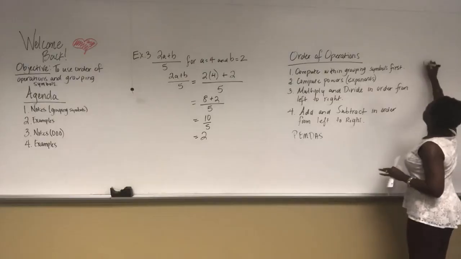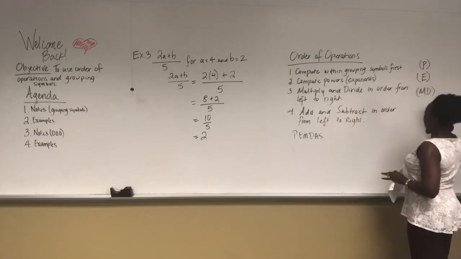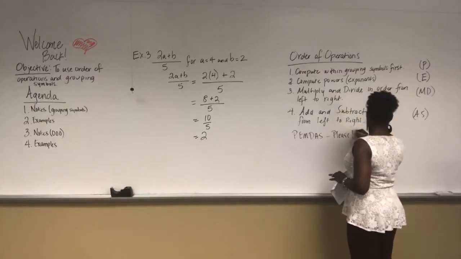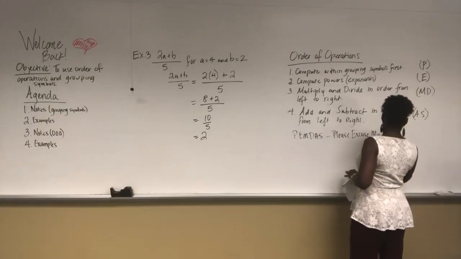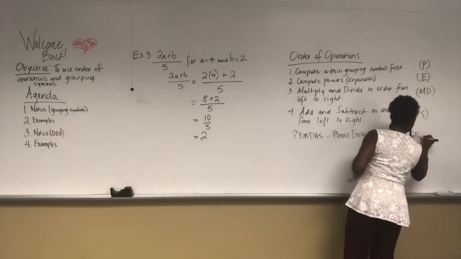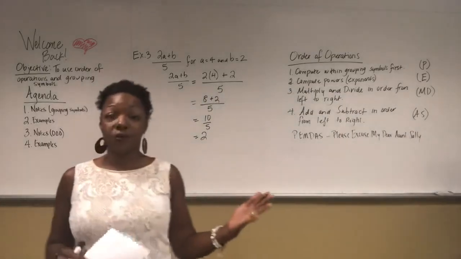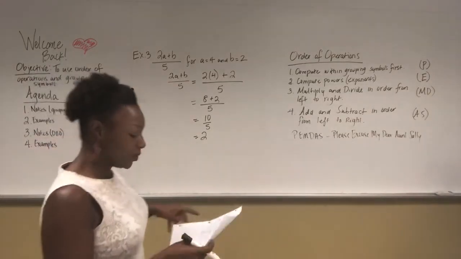So please, for parentheses and grouping symbols, excuse, I'm going to write that, my dear Aunt Sally. I don't know what she did to deserve that, but we want to please excuse our dear Aunt Sally. That's how you remember the order of operations and how they should flow. So that is an acronym, and hopefully it will help you remember what should happen.